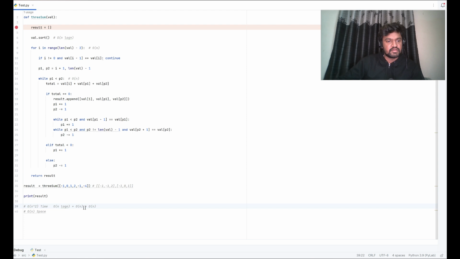You just take whichever is bigger, which is order of n square, not n log n. So order of n log n doesn't matter actually. You just need to consider order of n square. That's the big one, right? So that is the time complexity of this problem.